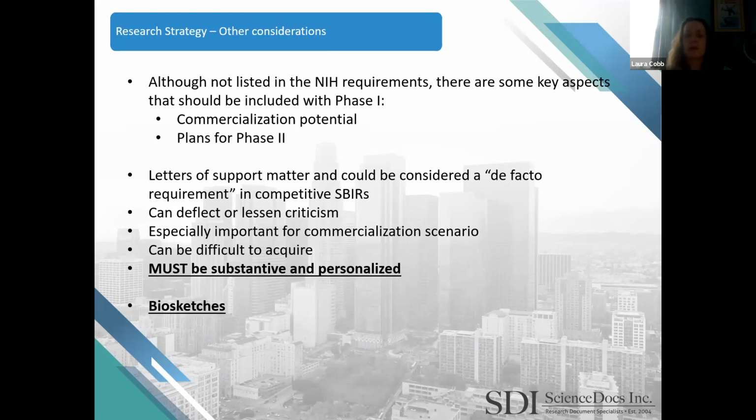The other really important consideration for all this is your biosketches. So biosketches, like with an academic grant, are required for all key personnel. Again, make sure that they're personalized. It is common, particularly for more senior people that work in academia, for them just to have a single biosketch that they don't modify from one grant to the next.